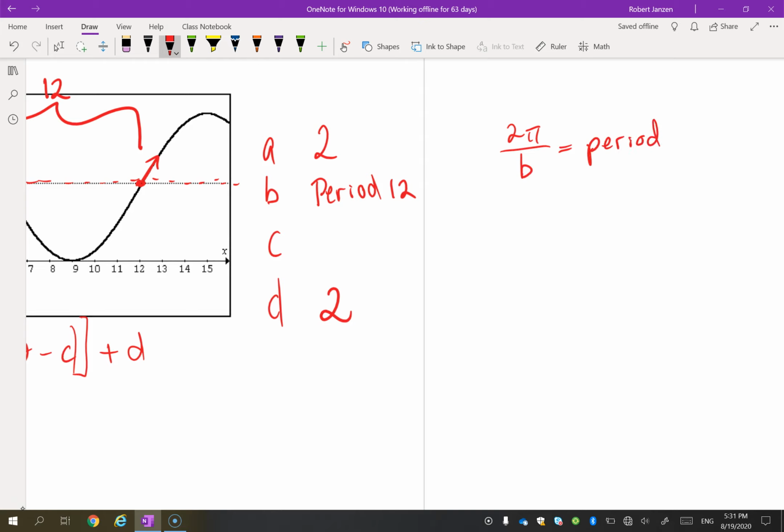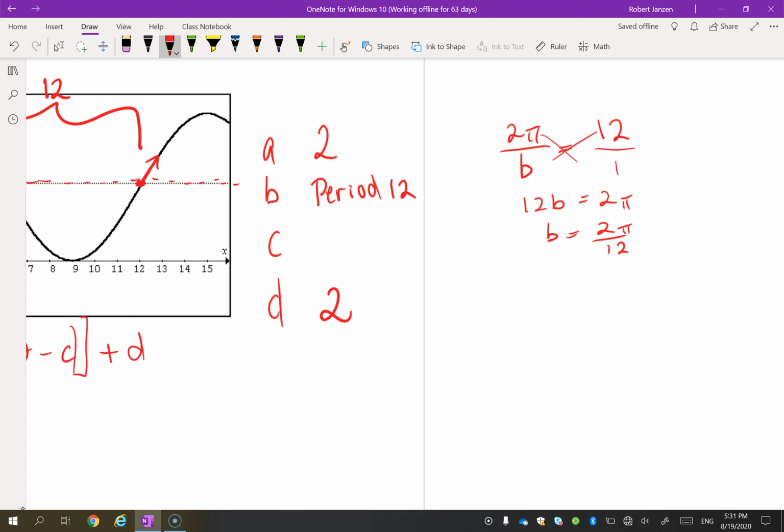But this time we're given the period. So if we put 2 pi over B equals 12 and we cross multiply, we get 12B equals 2 pi, and to get B, you're going to go 2 pi divided by 12. So this is kind of weird.